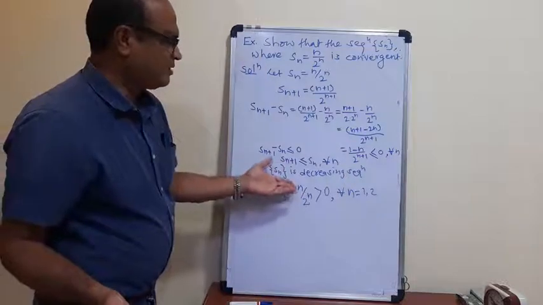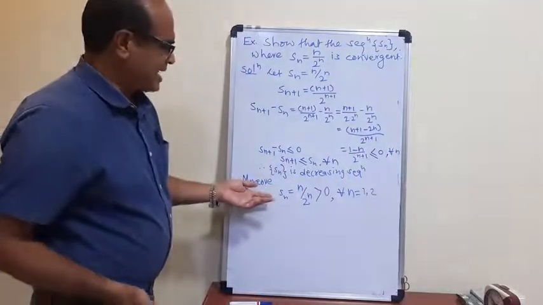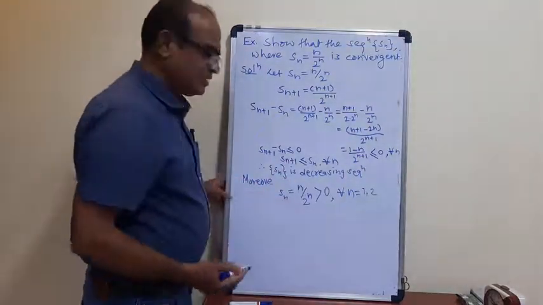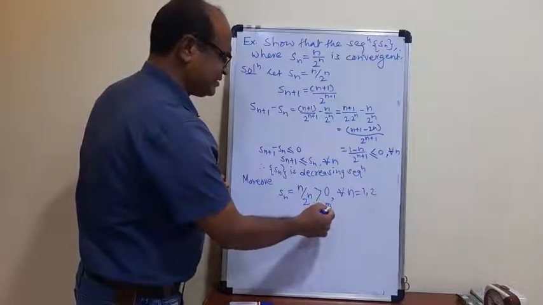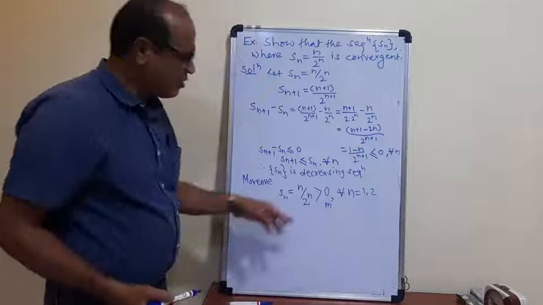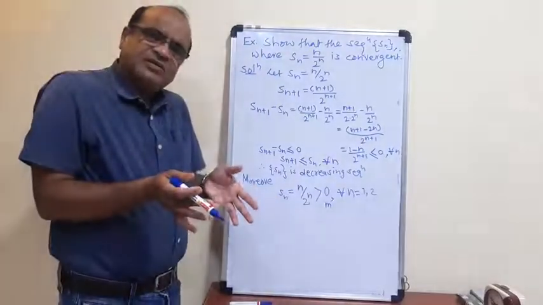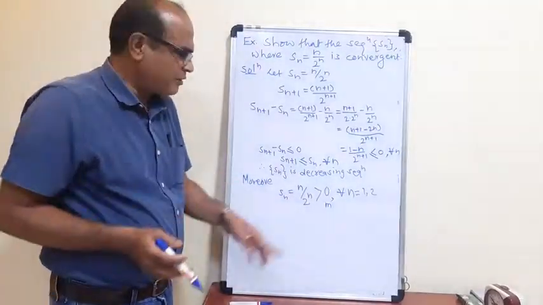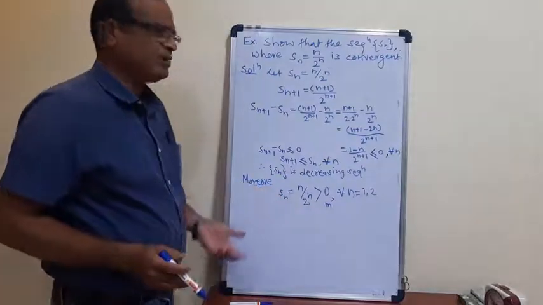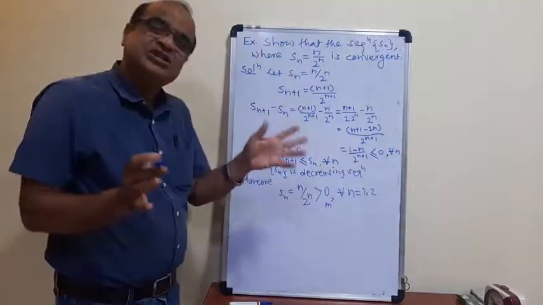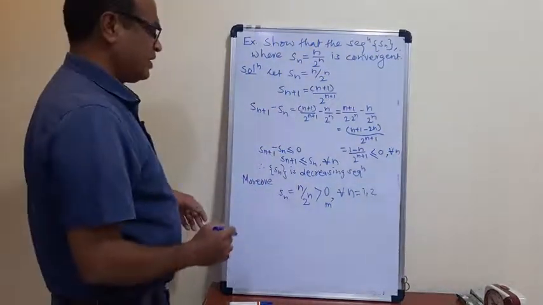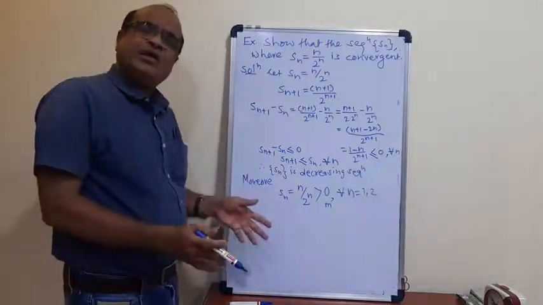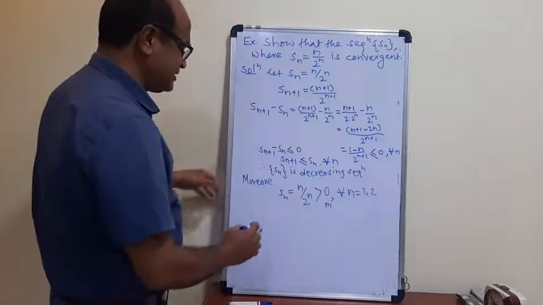So Sn is greater than 0. So this is a lower bound. All terms of that sequence are greater than 0, so 0 is a lower bound. And this is the definition of a bounded below sequence.